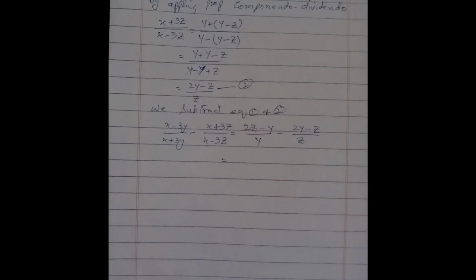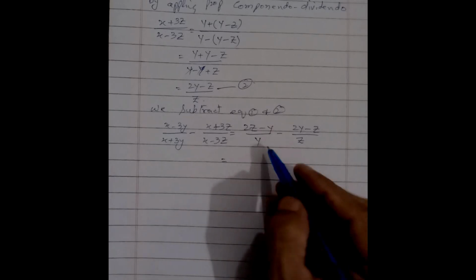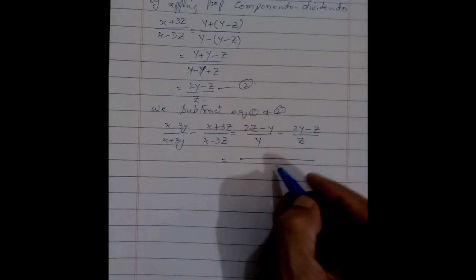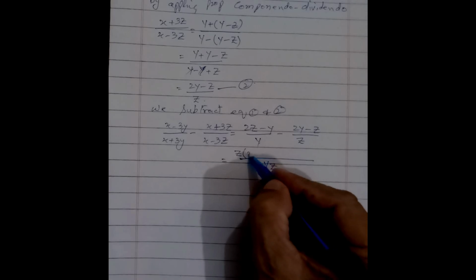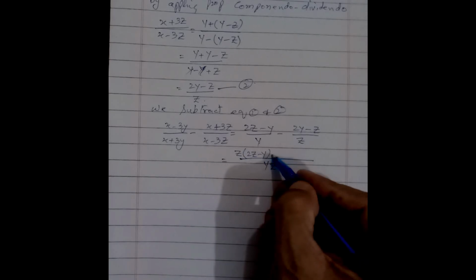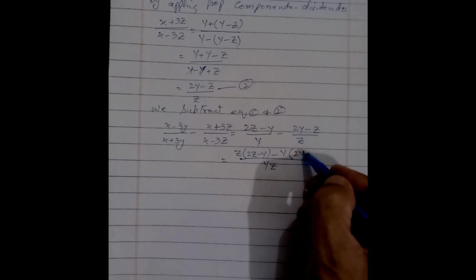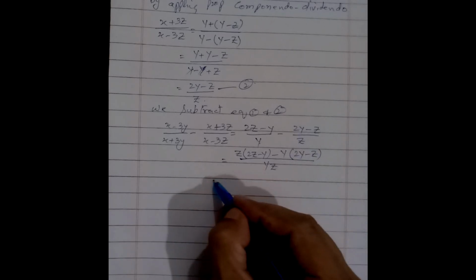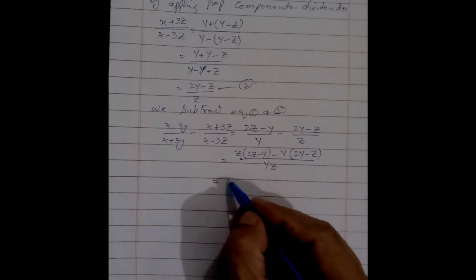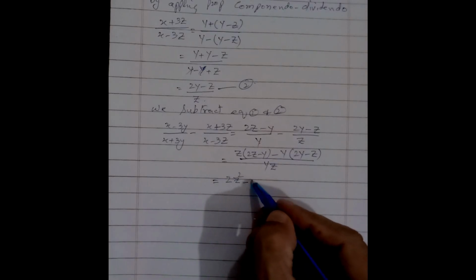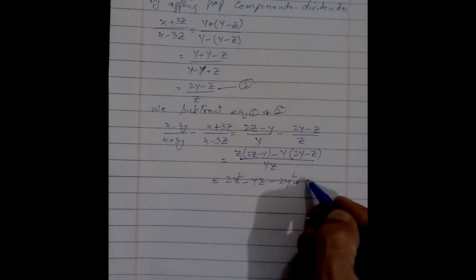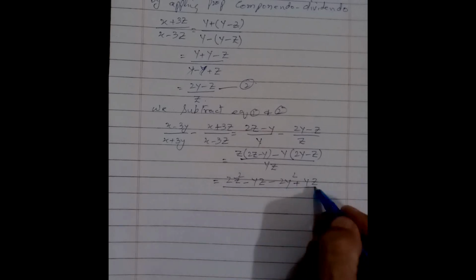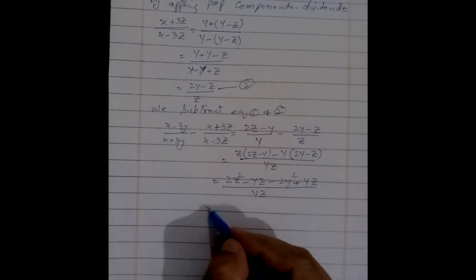And we simplify the right hand sides. We get y and z LCM and the remaining z times 2z minus y, minus y times 2y minus z. Now simplify these values. We get 2z square minus yz minus 2y square plus yz over yz.